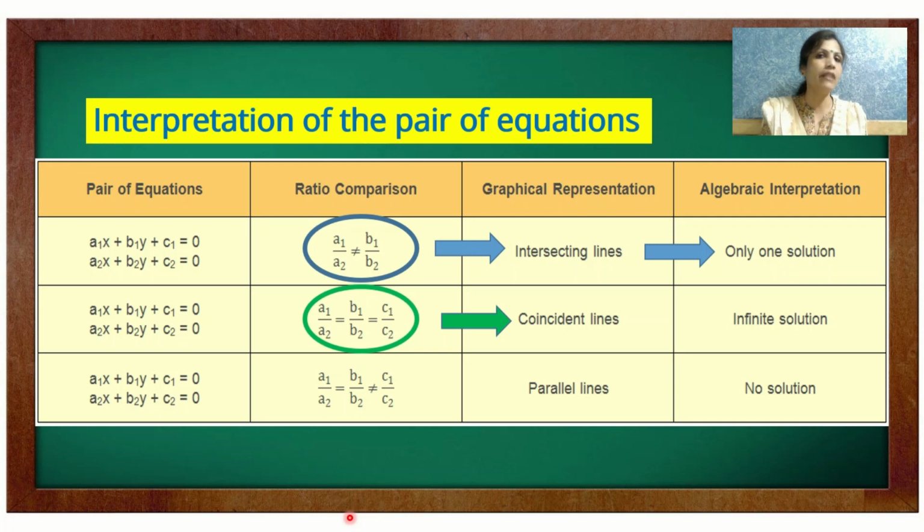They will coincide with each other, and that means that both the equations have got infinite number of solutions. And if we get our ratios in this manner, A1 upon A2 is equal to B1 upon B2, but it is not equal to C1 upon C2, then on the graph we will get parallel lines. That means the given pair of linear equations do not have common solution. So this is the note for you, and based on this note, now we will solve our sum.